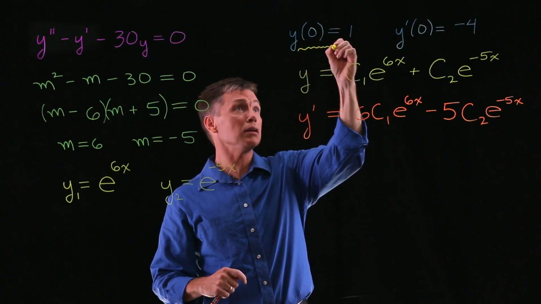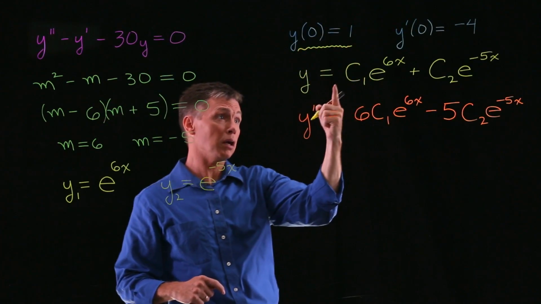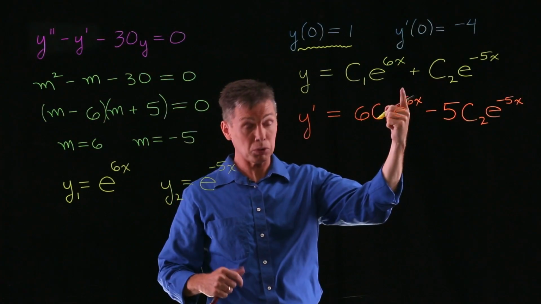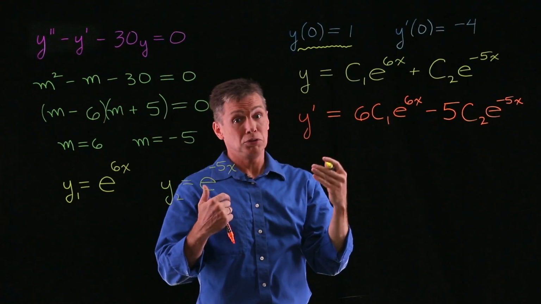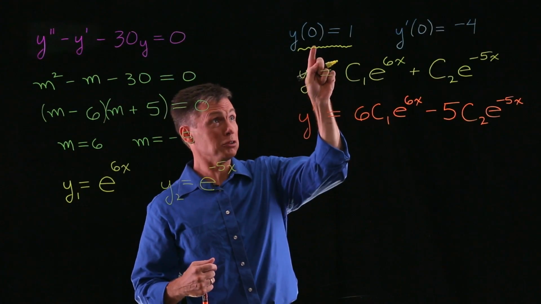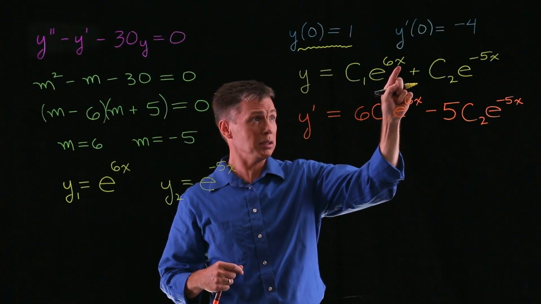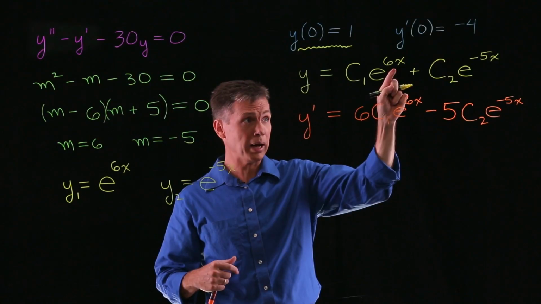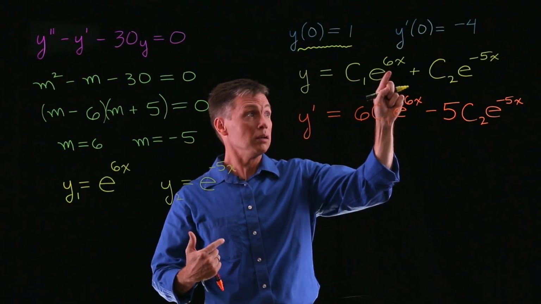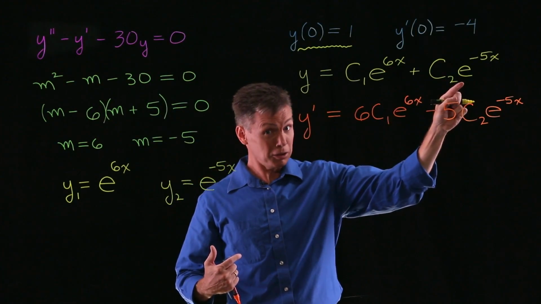Now to use those initial conditions, I'll keep it color-coded if I can. This y of 0 equals 1, I'll plug into the y equation. And it's always so nice when they give us an x value of 0, isn't it? Because you're putting a 0 in here, so e to the 0 power is 1. That's going to happen here as well.